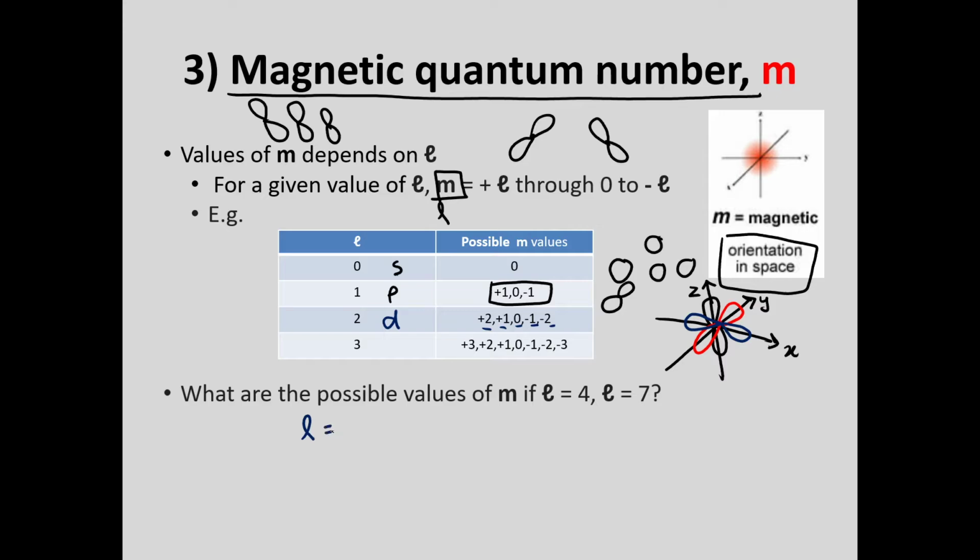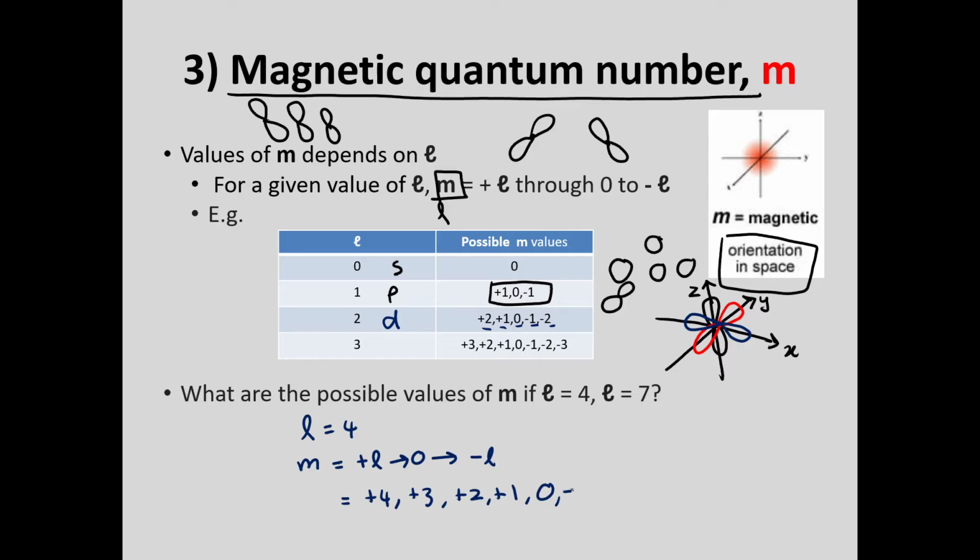So if L equals 3, the possible M values, which is from plus L to 0 to negative L. So it means if L is equivalent to 3, the M value is plus 3, decreasing until 0, plus 2, plus 1 and then 0. It's not finished yet, we haven't reached the negatives.